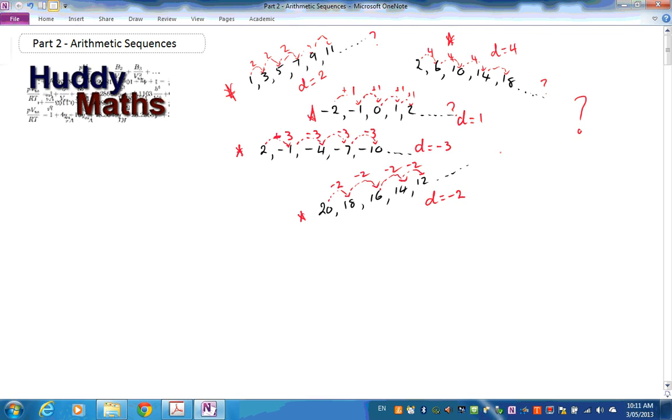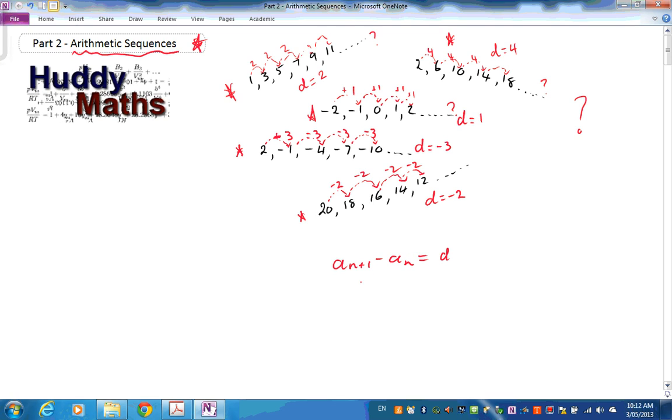These are examples of arithmetic sequences up here, arithmetic sequences where there is a common difference. So what we're looking for is a term minus the one before being a common difference.